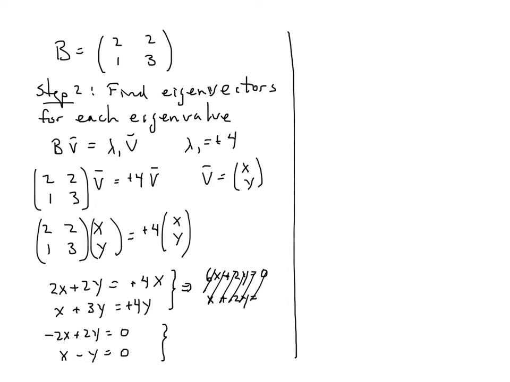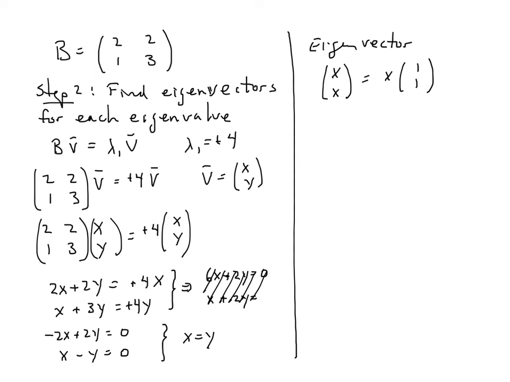Both of these equations are saying that x has to equal y, which leads us to the eigenvector where my x and y components are the same, so I can say it's x times x, or just x times 1, 1.